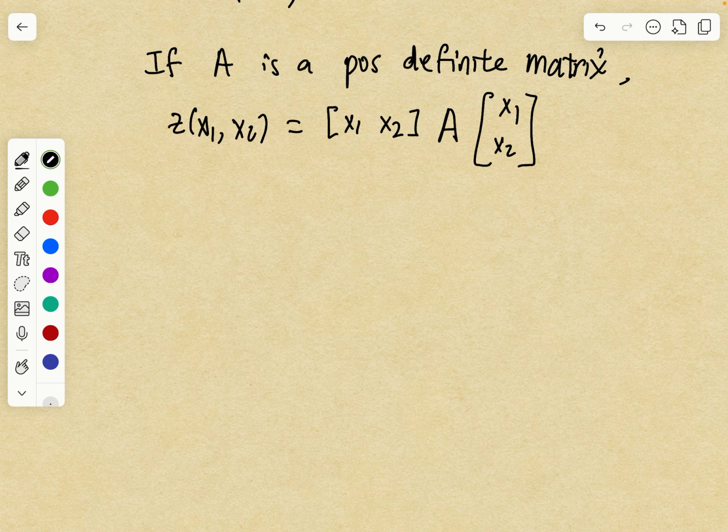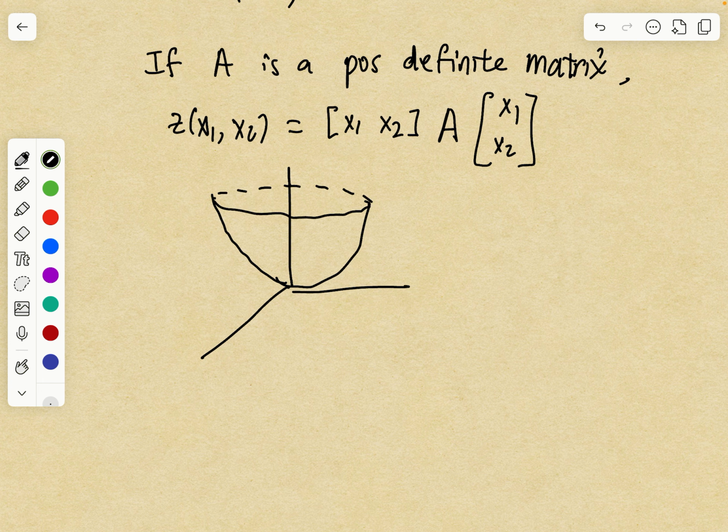This is going to look like a bowl when you graph it. It's going to have this bowl-like shape. And the point 0, 0 is a minimum.